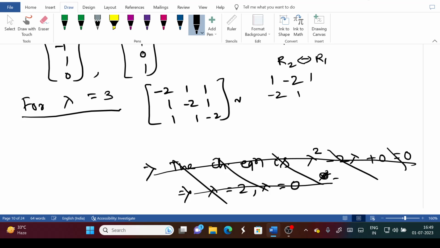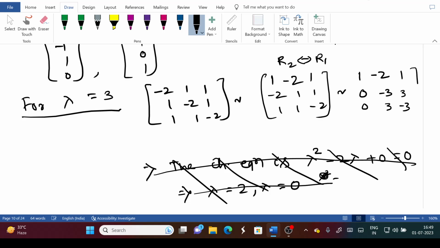Then I will make the entries below the pivot 0. So it is [1, minus 2, 1; 0, minus 3, 3; 0, 3, minus 3], which is equivalent to [1, minus 2, 1; 0, minus 3, 3; 0, 0, 0].